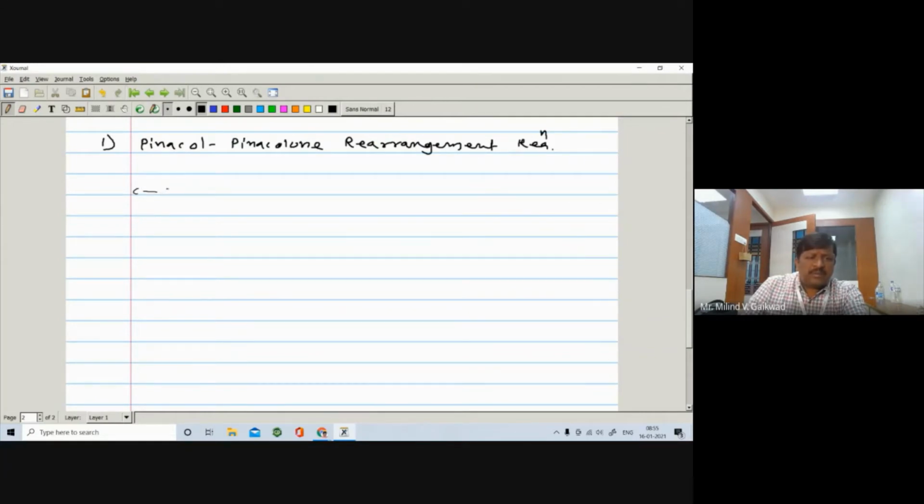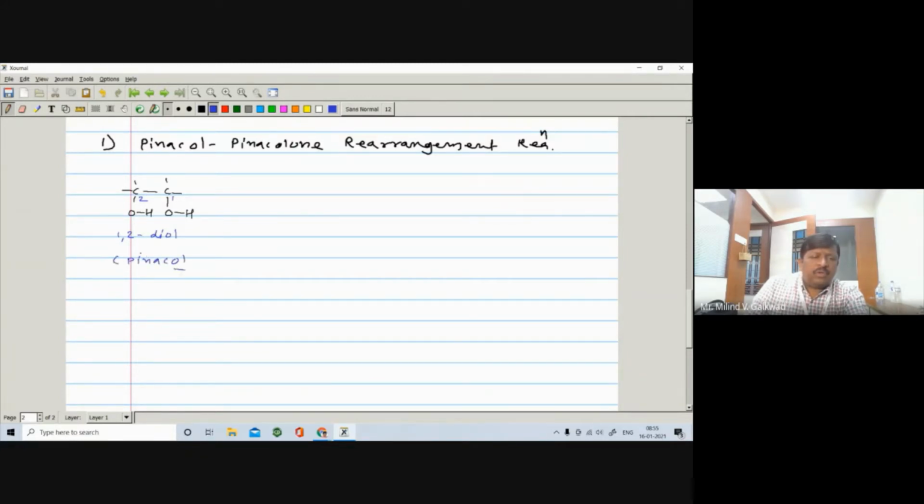It has this type of structure. You have a carbon-carbon single bond, and on these two carbons there is OH, at the 1 and 2 positions. So it is a 1,2-diol. It is also called a pinacol.